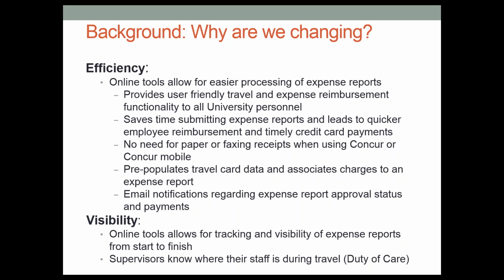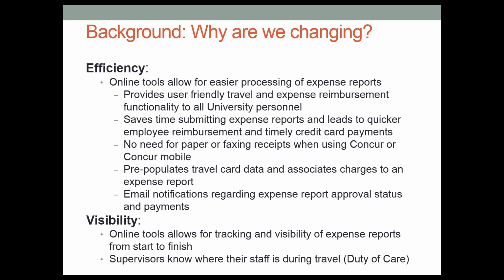One of the really nice features of the system is we're moving away from the giant piles of paper as it applies to receipts. Those receipts now can be loaded into the system electronically. They can be scanned in from the copier. They can be emailed to a special account within the system. They can be taken a picture of with your smartphone or your tablet and uploaded through the Concur mobile app.